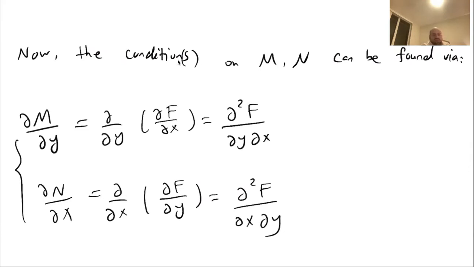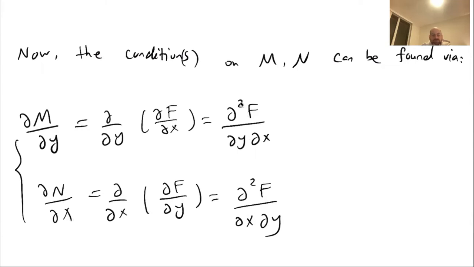So dm to dy, partial derivative. Remember, m and n are functions of x and y. So in all these, I have to use partial derivatives, because if I have a function of two variables, I have to use the notation of partial derivative to specify which variable I'm differentiating with respect to. Am I differentiating with respect to x or with respect to y? So the partial derivative of m with respect to y is the second derivative of f with respect to yx, and the partial derivative of n with respect to x is again the second derivative of f with respect to xy.